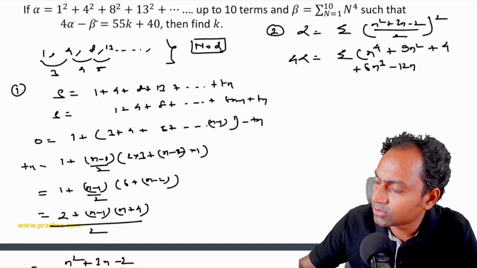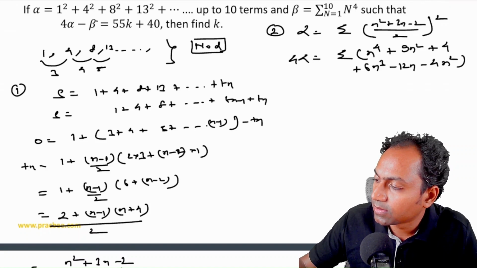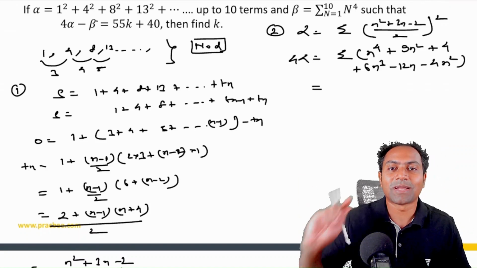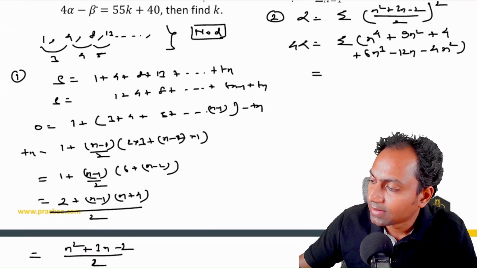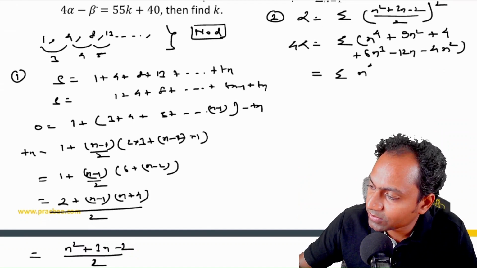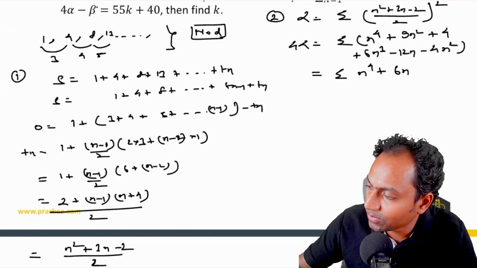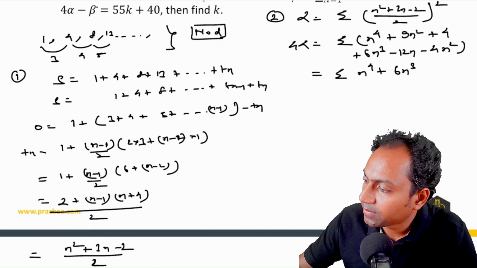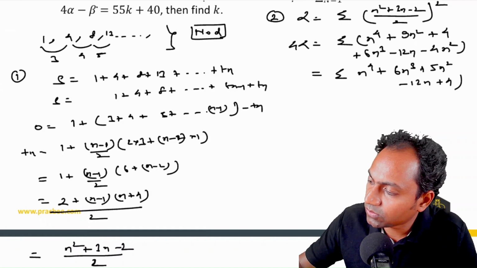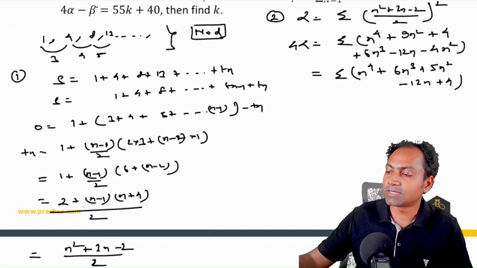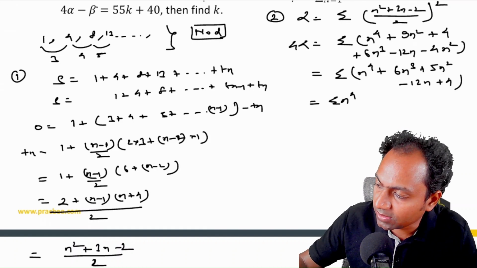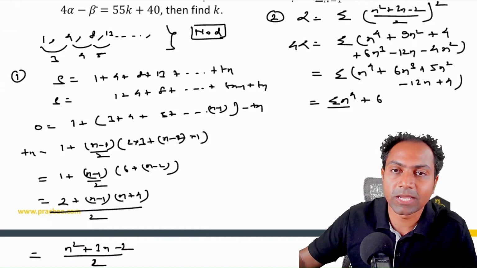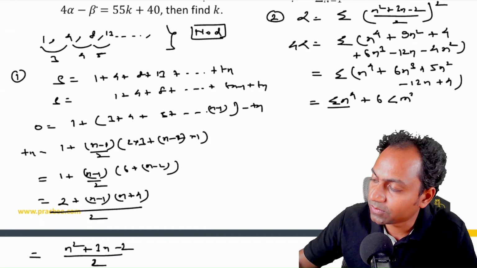This will become minus 12n. And then 2ac, so this will become minus 4n square. So if you observe this, something very unique is happening. And that is, if I simplify, let us simplify first and then observe that unique phenomena. So this becomes n raised to the power 4, 6n cube plus 5n square minus 12n plus 4. So you can see that if I distribute my summation sign, I will get summation of n raised to the power 4 plus 6 times summation of n cube.